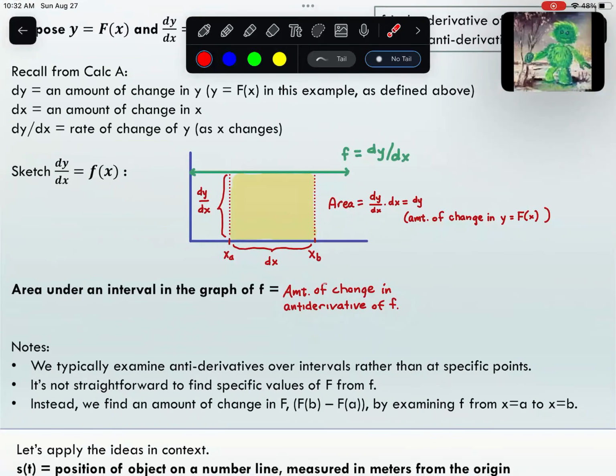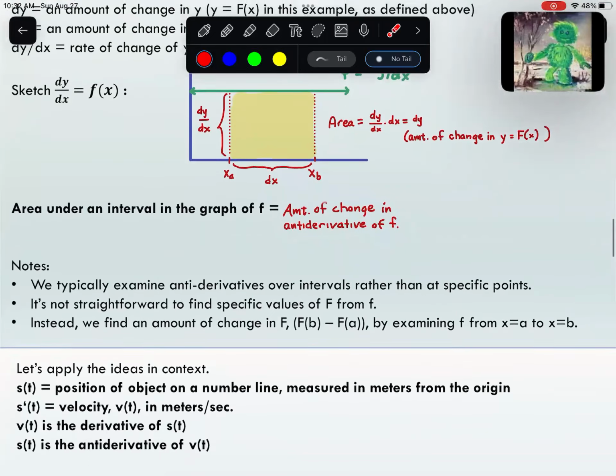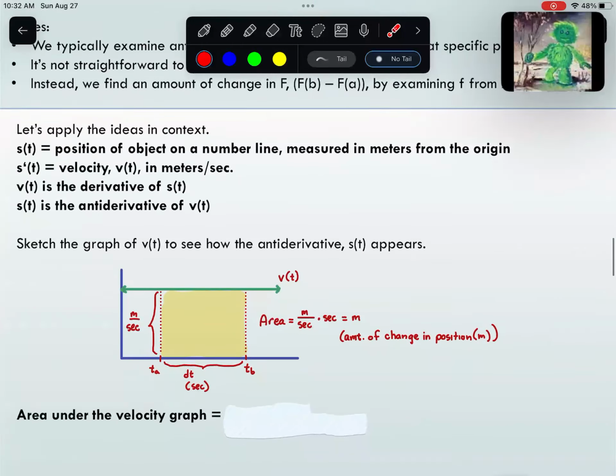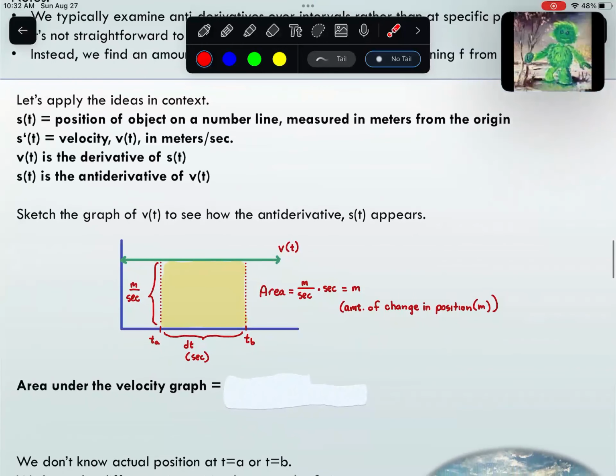Now, if this is still feeling a little fuzzy, that's fine. We're going to go through this demonstration again, but try to put a little bit more context into it. So I'm scrolling down where we see a similar diagram, but this time let's consider slightly different functions. It's fairly common to notate the position of an object as a function s, in this case s of t, position according to time.